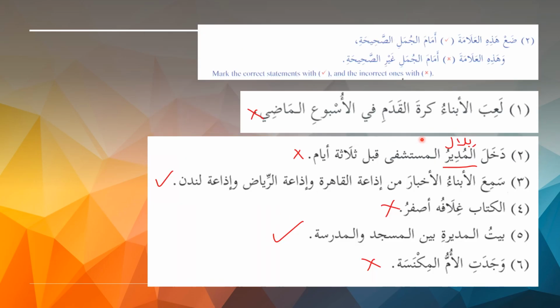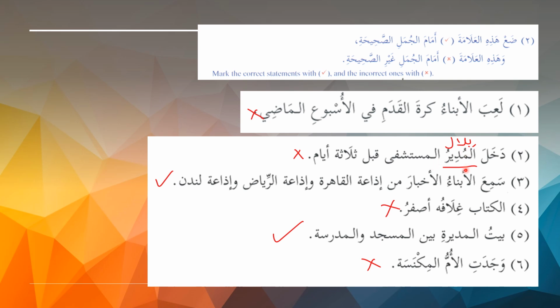Question number 2. Here you need to put the wrong and right sign in front of the sentences. So لعب الأبناء كرة القدم في الأسبوع الماضي. No, they played كرة السلة in الأسبوع الماضي. So this is wrong. And the second one, دخل المدير المستشفى قبل 3 أيام. Who was admitted to the hospital?